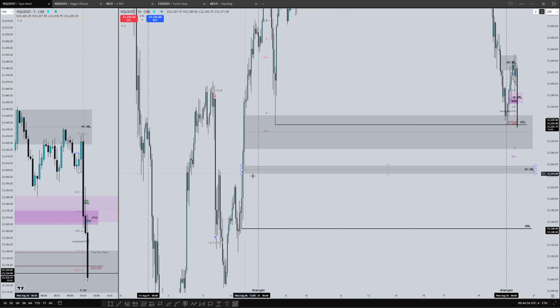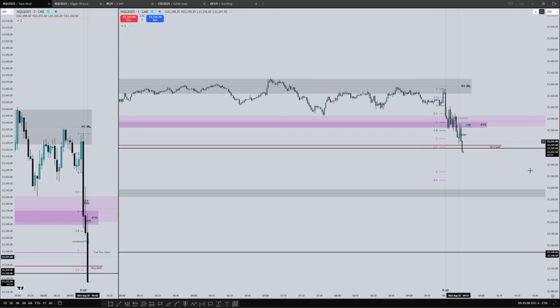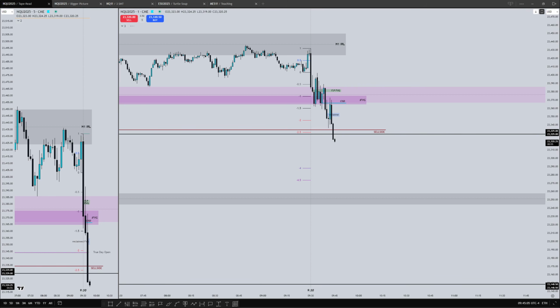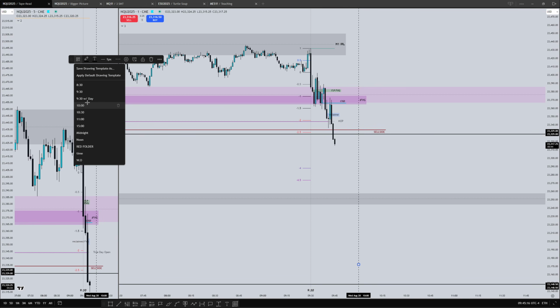I'm more interested in the PD arrays that have not been filled, so this gap and the sell side. I could leave this up if I wanted to, but as we continuously look for lower prices, I want very clean targets that are not filled already. So a gap that we're trading into that doesn't have any specific points within it is much harder for me to target.